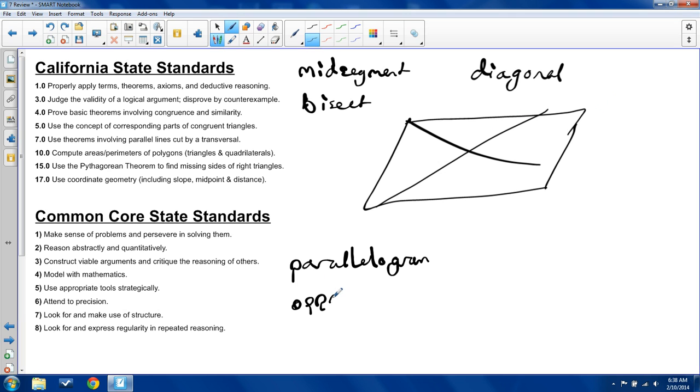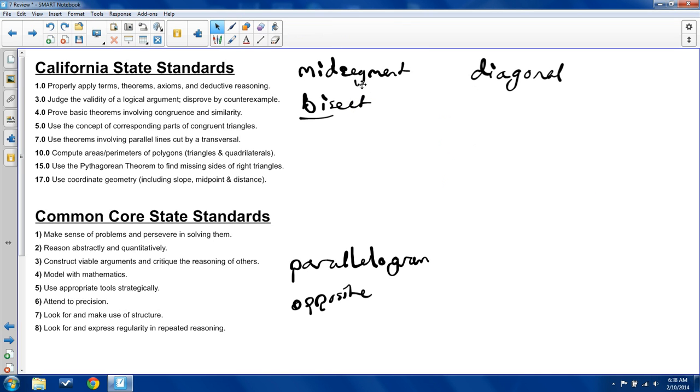Okay, the diagonals in a parallelogram bisect each other. And what that means is it divides them into equal parts. So a bisector is something, bi means two, sect means parts, two parts. And these two parts happen to be equal, but it bisects the segment. So segment bisector, and there's also something called an angle bisector, which would divide an angle into two parts.